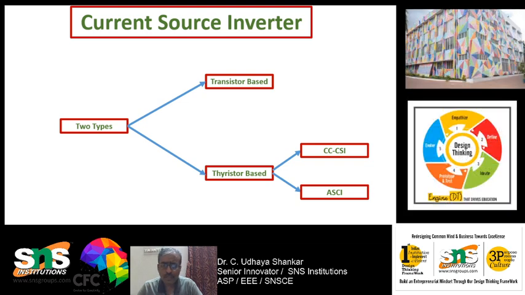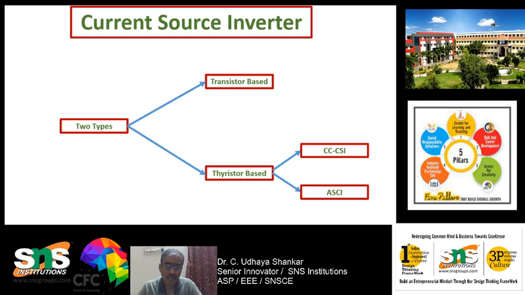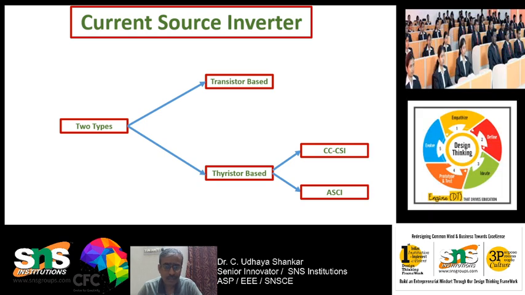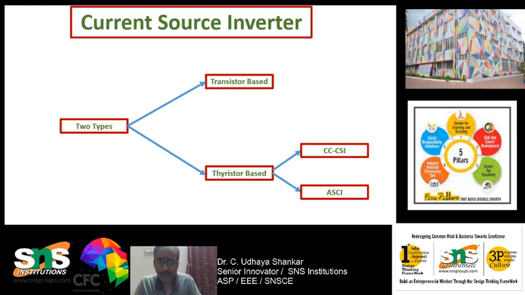In many industries, most of the voltage source inverters have been replaced with current source inverters because of their better functionality and lower risk. Normally in a voltage source inverter, there are many chances of the devices getting short circuited. If we use the same device at a higher rating, for example in the megawatt range, a short circuit will create big damage, or it may even cause a big fire.